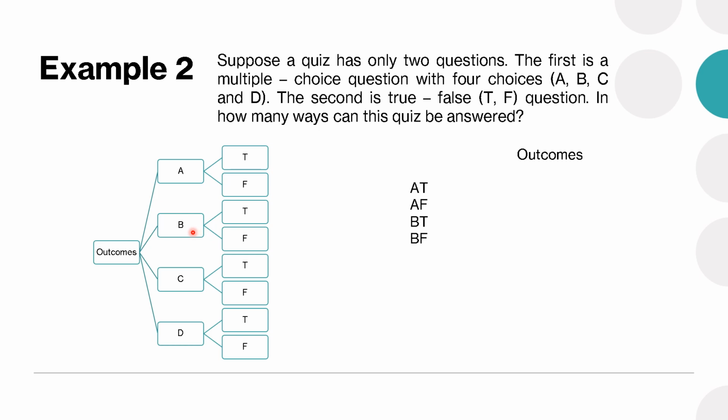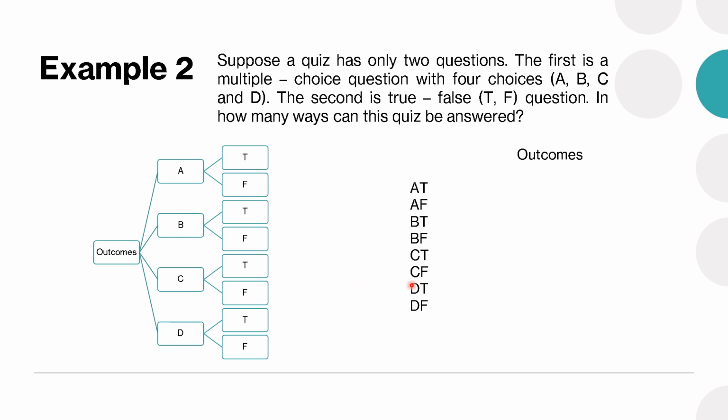Another answer is B on the first question and false on the second question. Another answer is C on the first question and true on the second question. Another one is C on the first question and false on the second question.